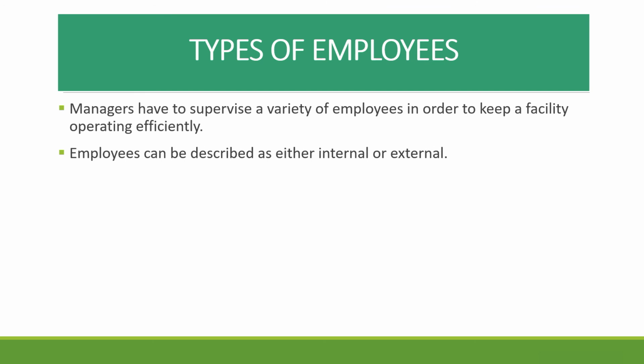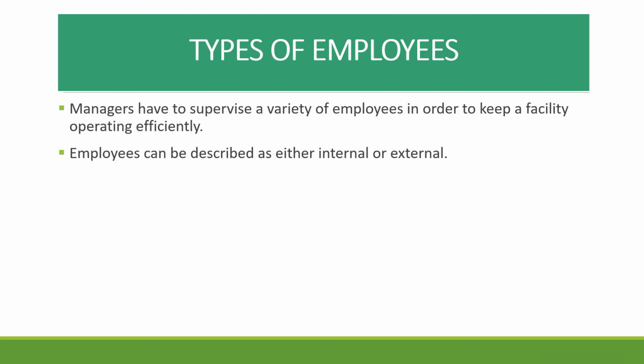So now we're going to turn to a discussion about the types of employees in an organization. Managers often really underestimate how much is involved in keeping an organization at its optimal level of operation. There are usually a lot of different employees that we often don't appreciate, especially at a large facility, like a public facility or hospital or school, for example.